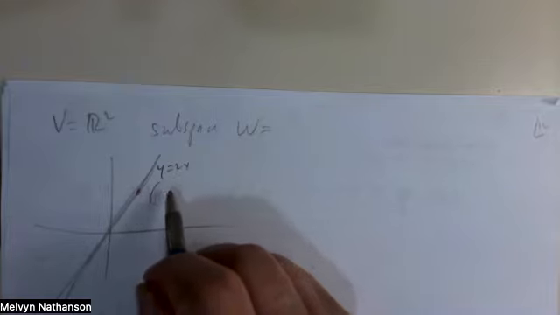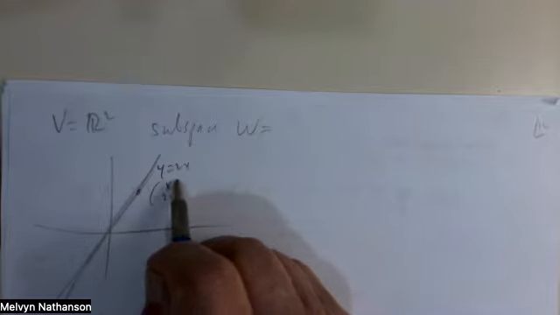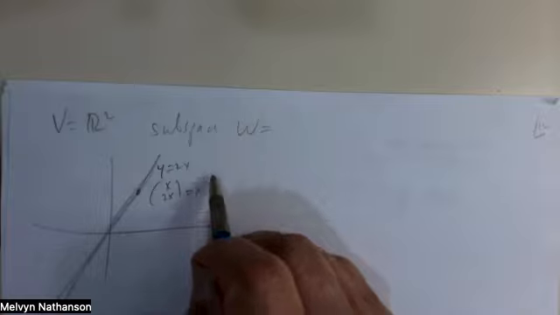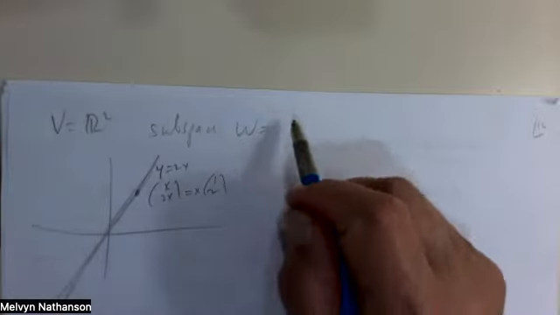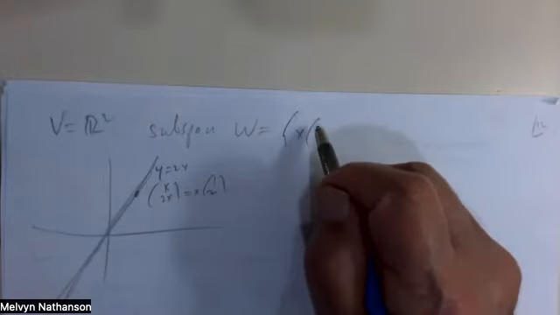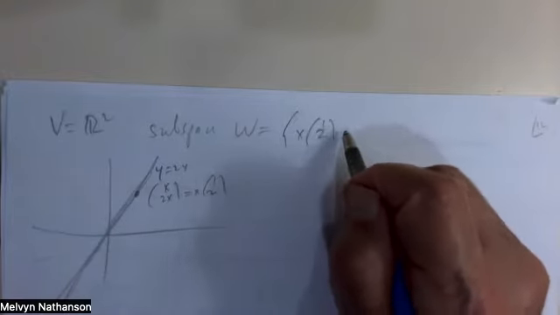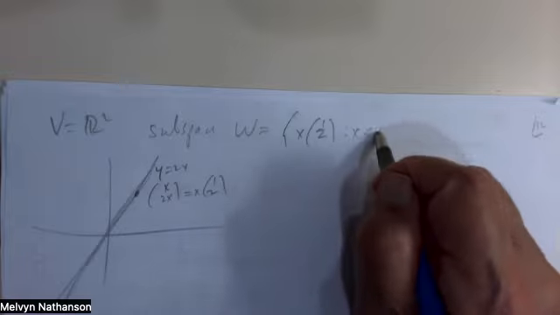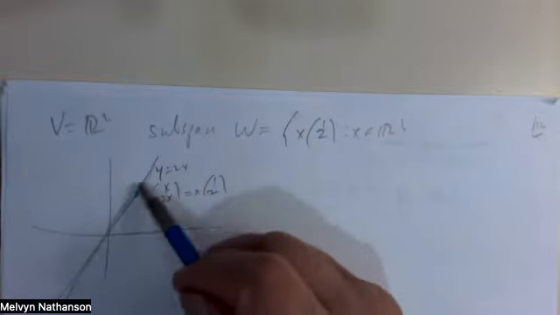A point on this line has coordinates x, comma 2x, or x times the vector 1, 2. So if I let W be the set of all scalar multiples of the vector 1, 2, that's just this line. This line is W.